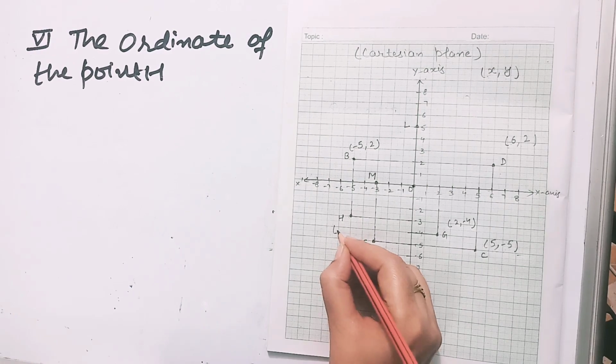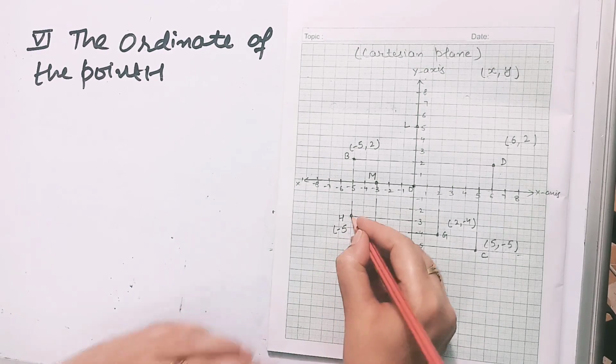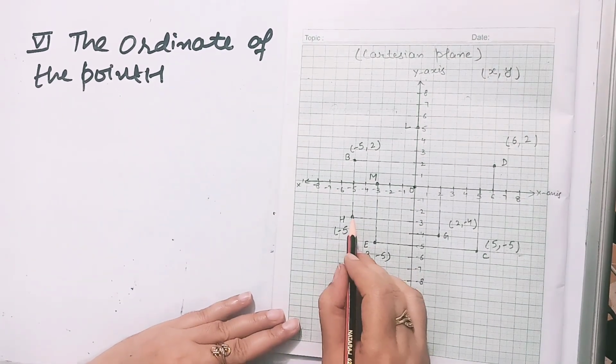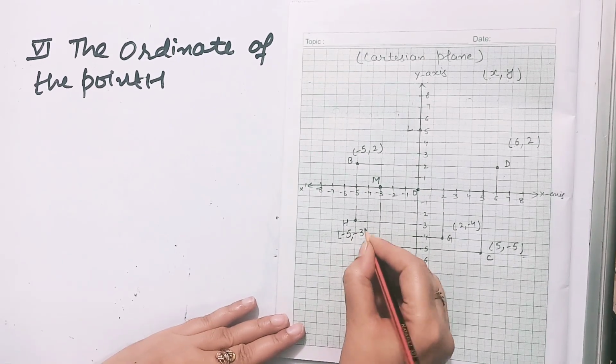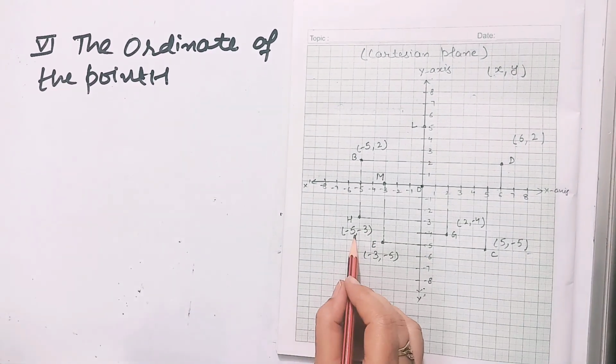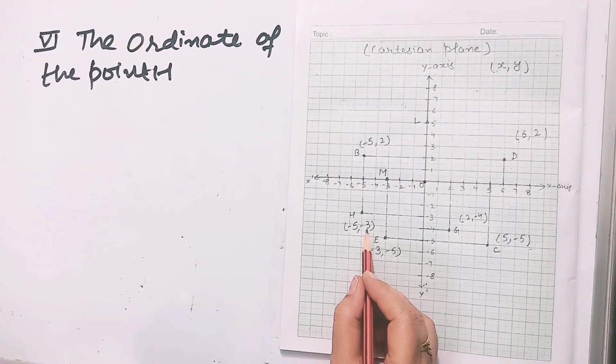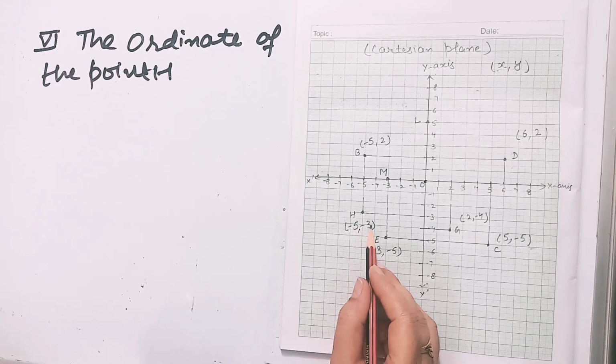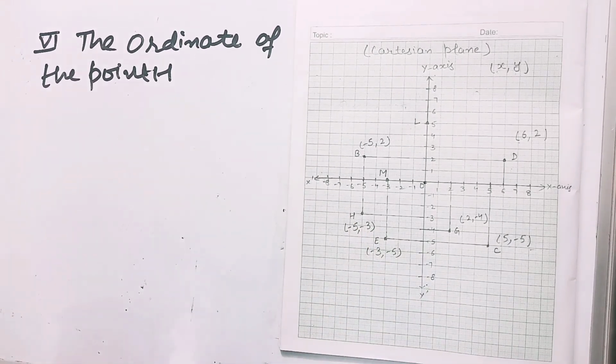The coordinates of H are x = -5, that is here, and y is -3. We have to write the ordinate. Ordinate means y coordinate. So the y coordinate of H is -3.